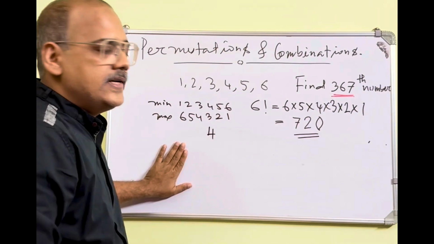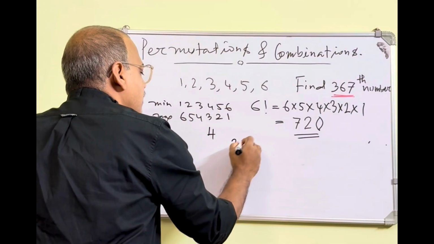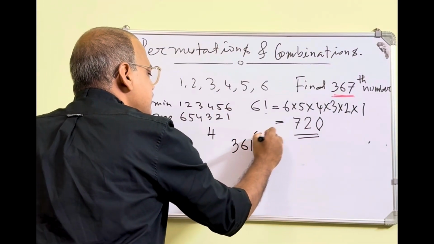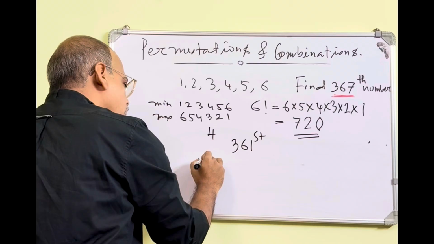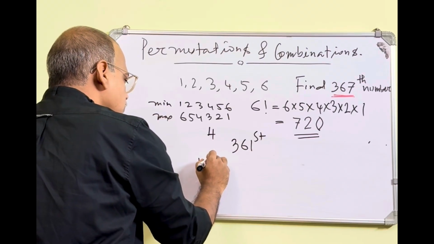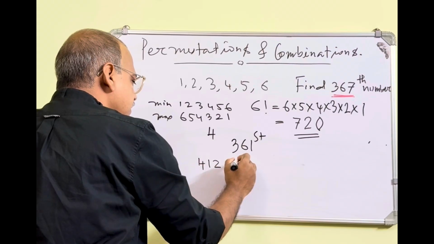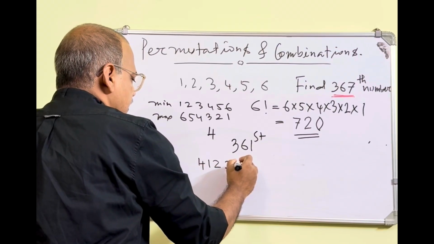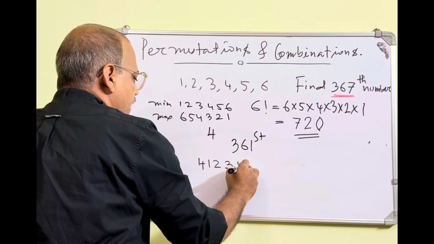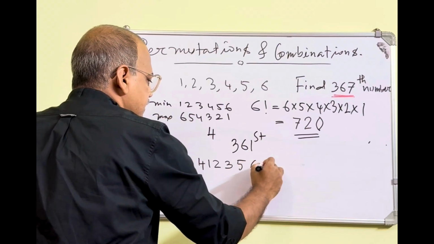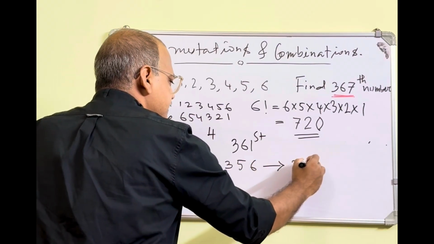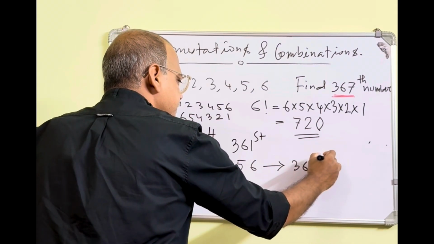So the 361st number should be 4, 1, 2, 3, 5, 6. This should be the 361st number.